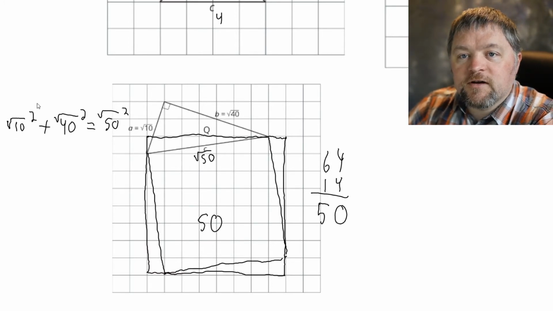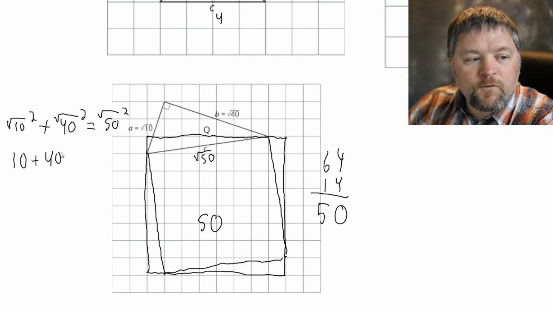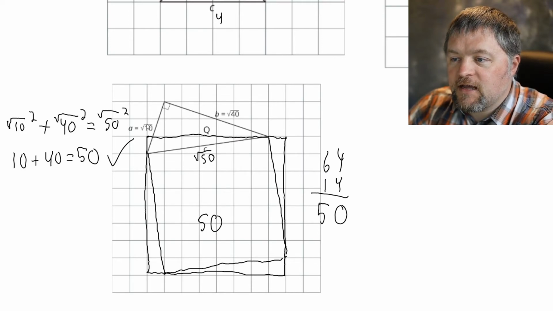Squaring and square root are inverse operations. They cancel out. That is equal to 10 plus 40 equals 50. Yes, that works.